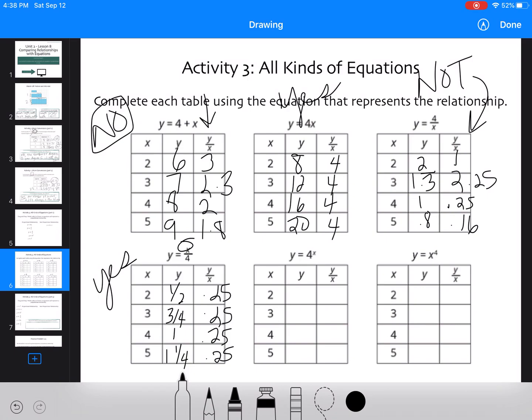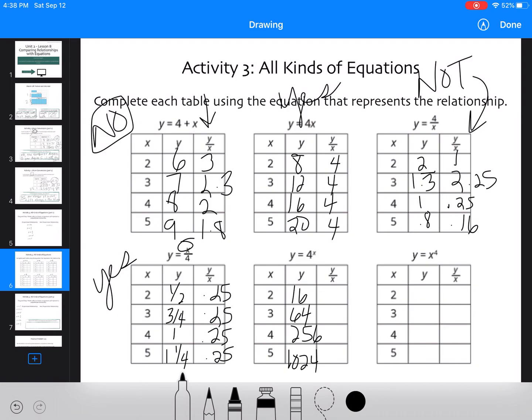Okay, so 4 squared is going to be 16. 4 to the third power is going to be 64. 4 to the fourth power is 4 times 4 times 4 times 4, 256. To the fifth power, it's going to be 1024.